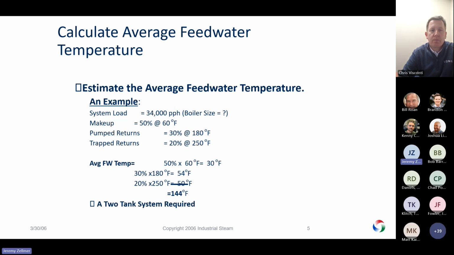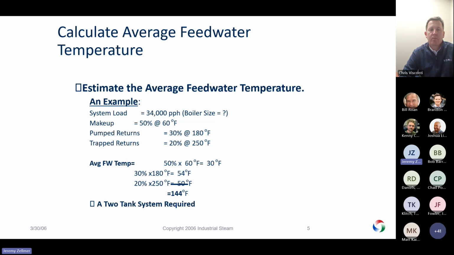To calculate the average feed water temperature, this calculation provides an estimate of the average temperature of the feed water. If required, you develop a weighted average of the temperature and percentage of flow of each of the sources of feed water. A more rigorous method would be to use thermodynamics and the steam tables to find the heat of the liquid for each of the sources of feed water, then use the heat of the liquid and the actual mass flow rates to determine the actual energy contained in each flow.